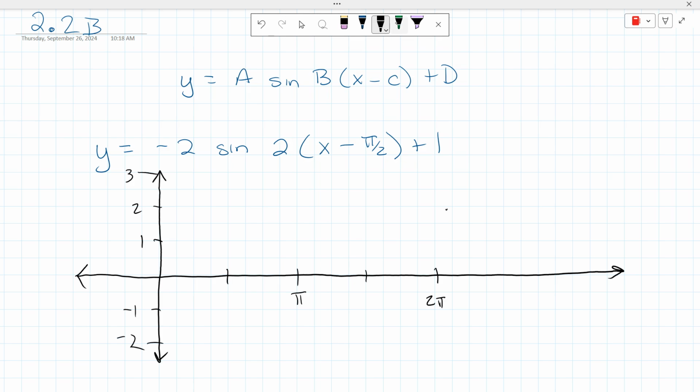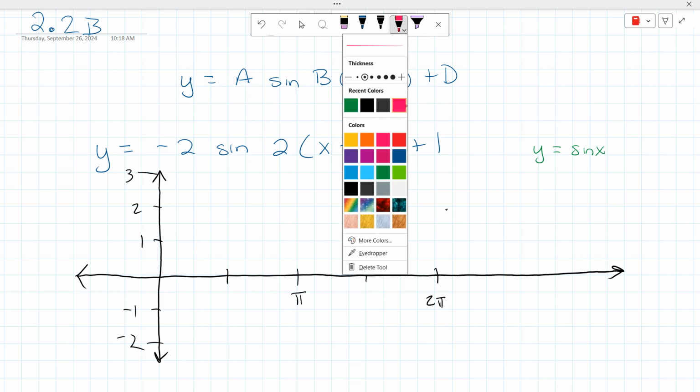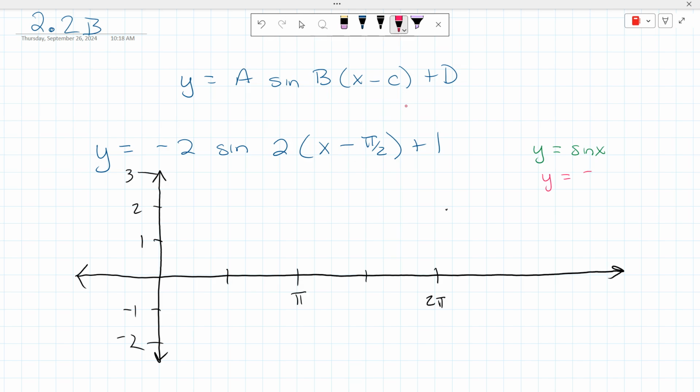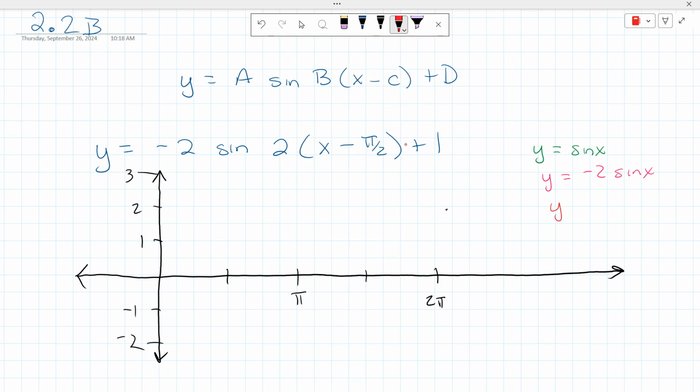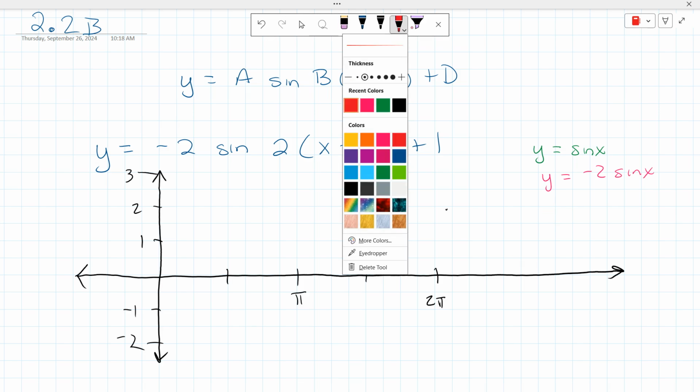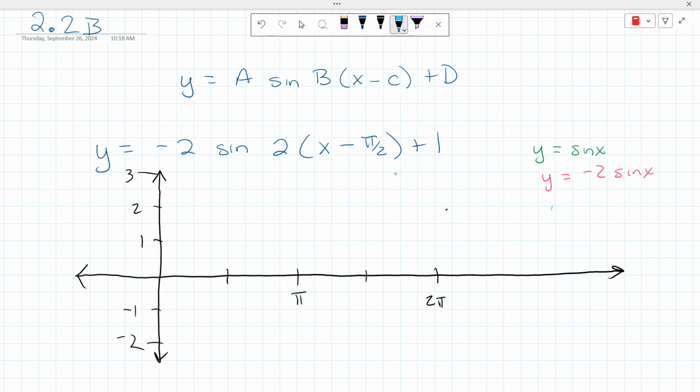All right, so what am I going to graph here? Well, I'm going to graph y equals sine of x. We're going to graph y equals -2 sine of x. We're going to graph y, no, that's too close in color. Let's grab a different color. We got green. Let's go light blue.